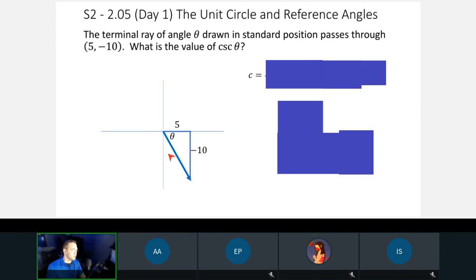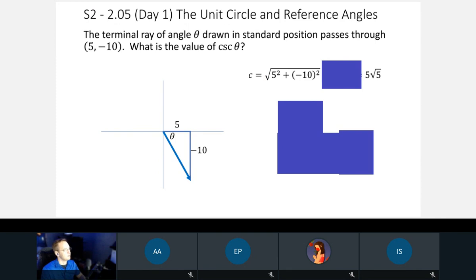So rad 125, and what is that simplified? I'm working on it. That would be 5 radical 5. Yes, 5 rad 5. So this is 5 rad 5.